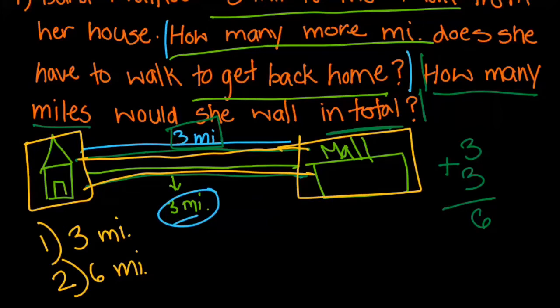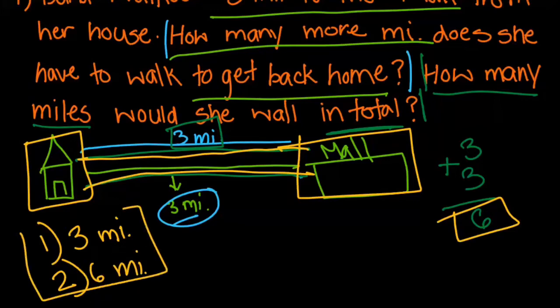If we combine both distances, we get 6 miles. So let's answer them once again. How many more miles does she have to walk to get back home? She has to walk 3 miles. How many miles would she walk in total? She walks 6 miles in total.